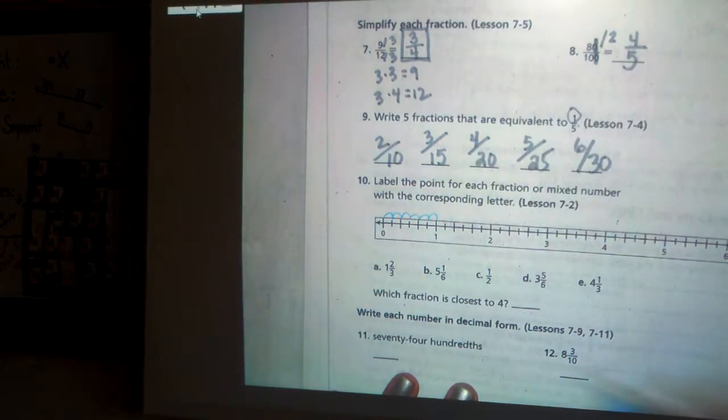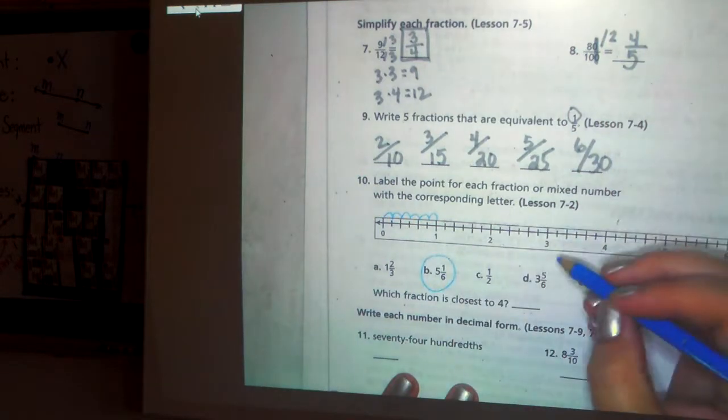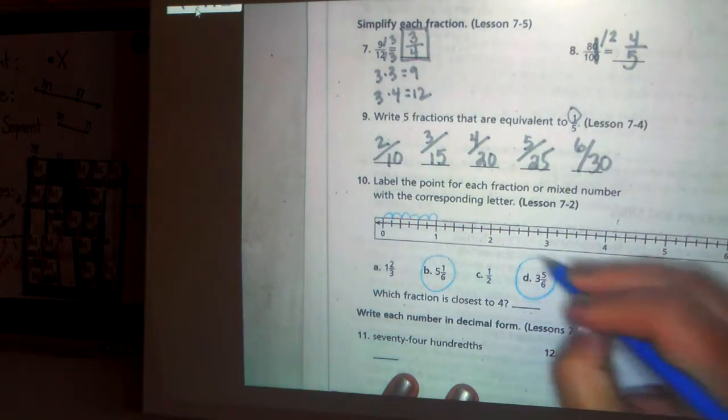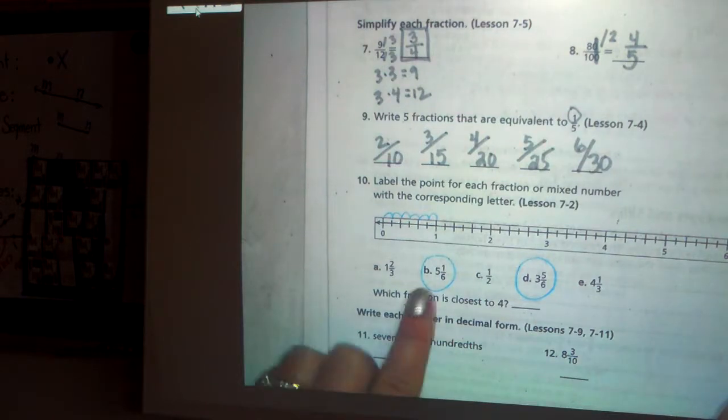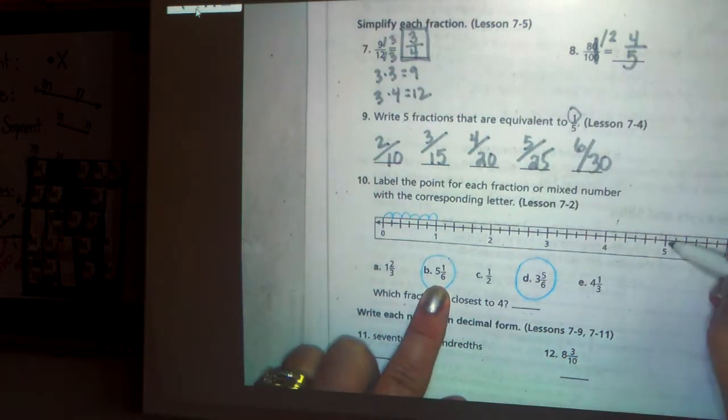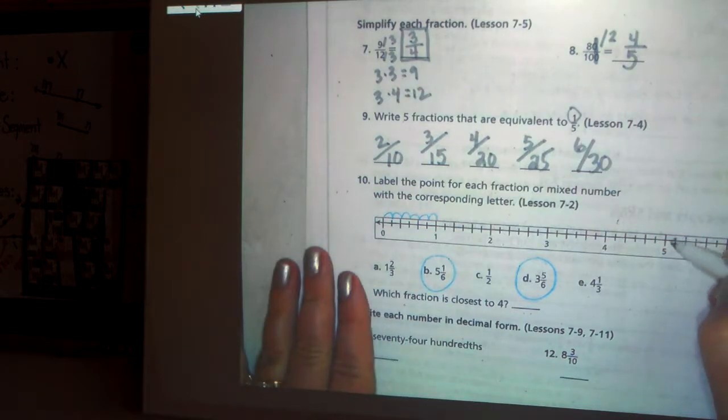So thinking about that, I can place 5 and 1/6 and 3 and 5/6 pretty easily. So if I look at this, I know that I have 5 wholes and I have 1 out of 6. So that's B.